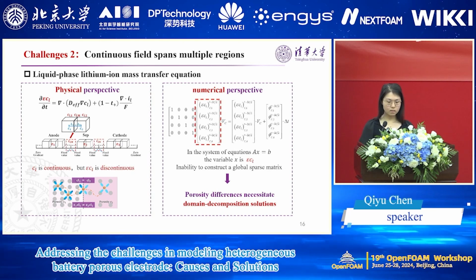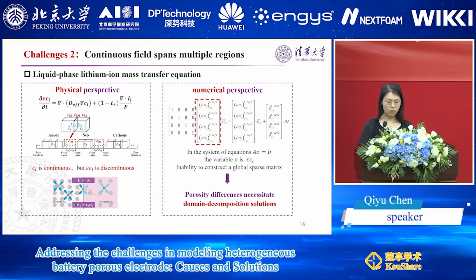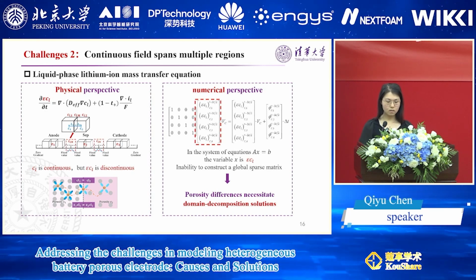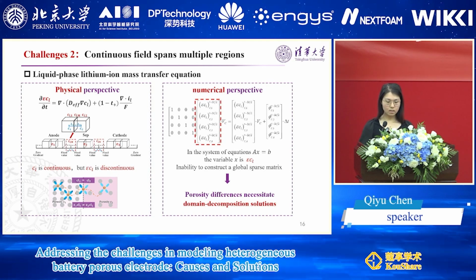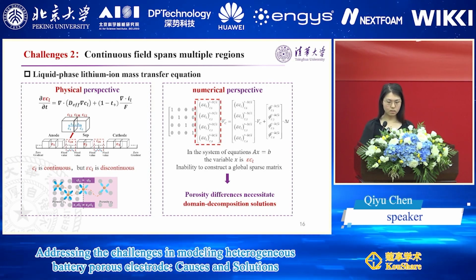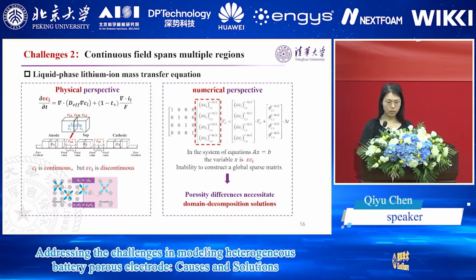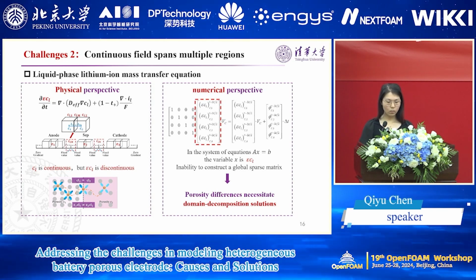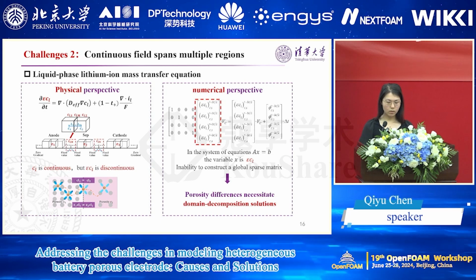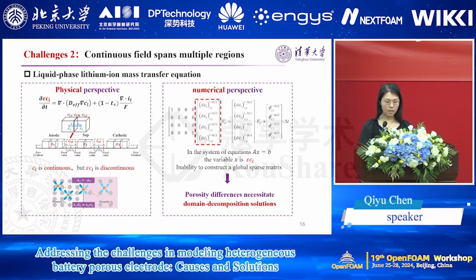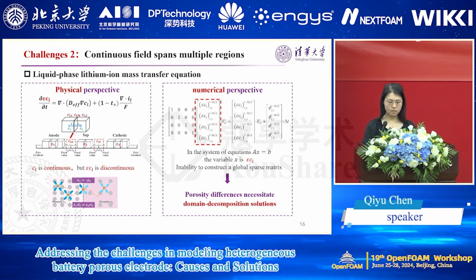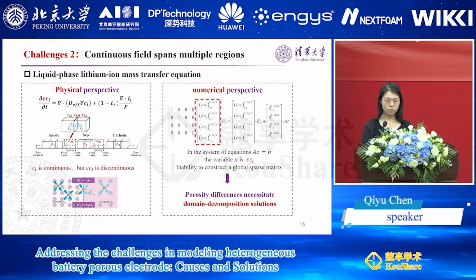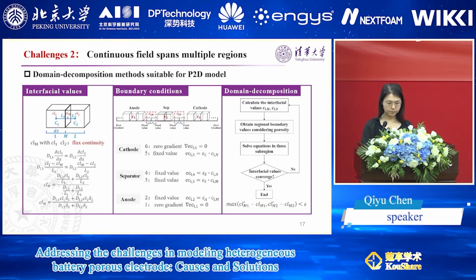At the interfaces of adjacent regions, the liquid phase ion concentration Cl field is actually continuous, while considering the porosity, epsilon Cl is discontinuous. When solving the equations numerically, the matrix is discretized with the variable being epsilon Cl. Due to the differences in regions, it is impossible to construct a single sparse matrix for the entire domain. Hence, domain decomposition solutions are required.